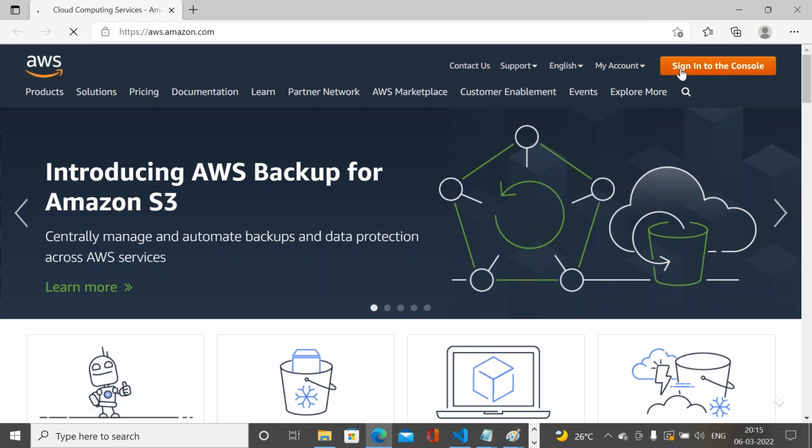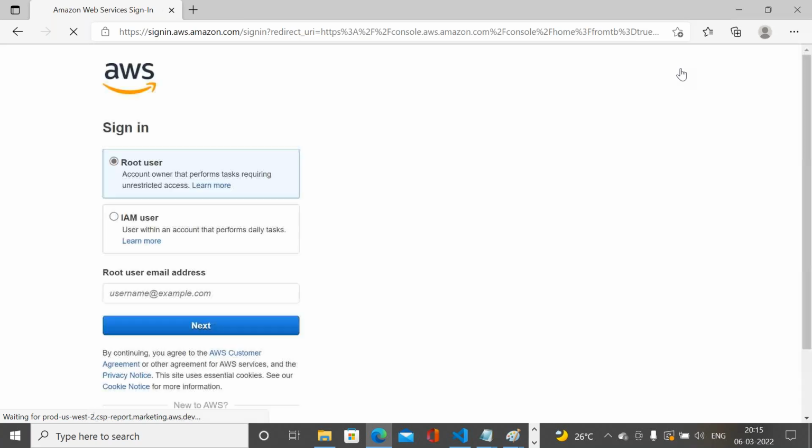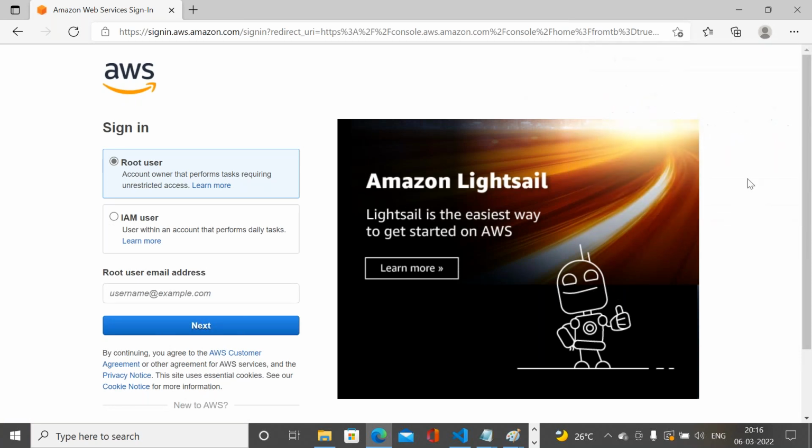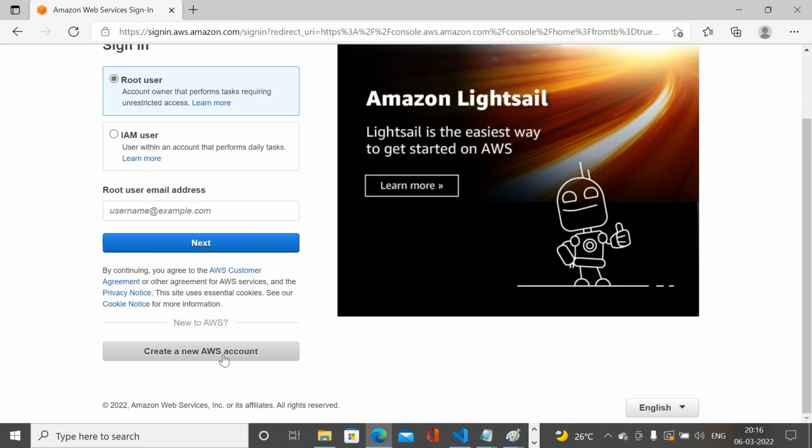Click on that. If you have an existing account, you can log in with your email address and password. If you don't have an AWS account, scroll down and create a new AWS account.